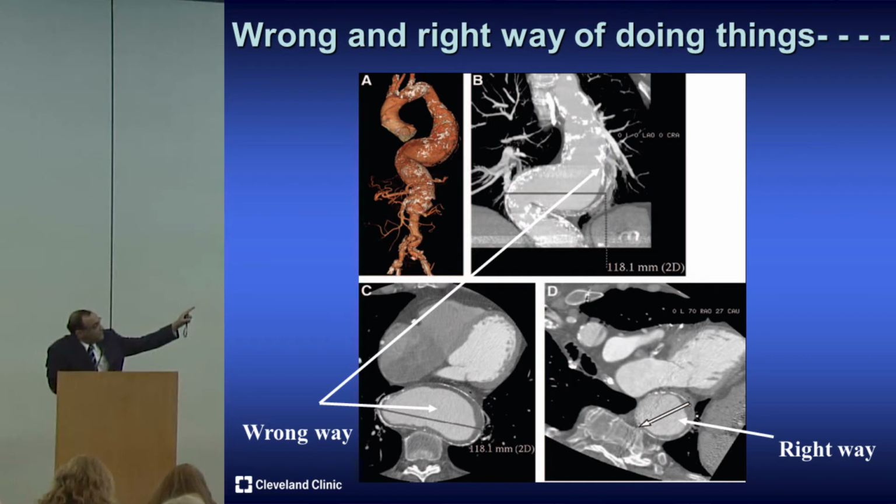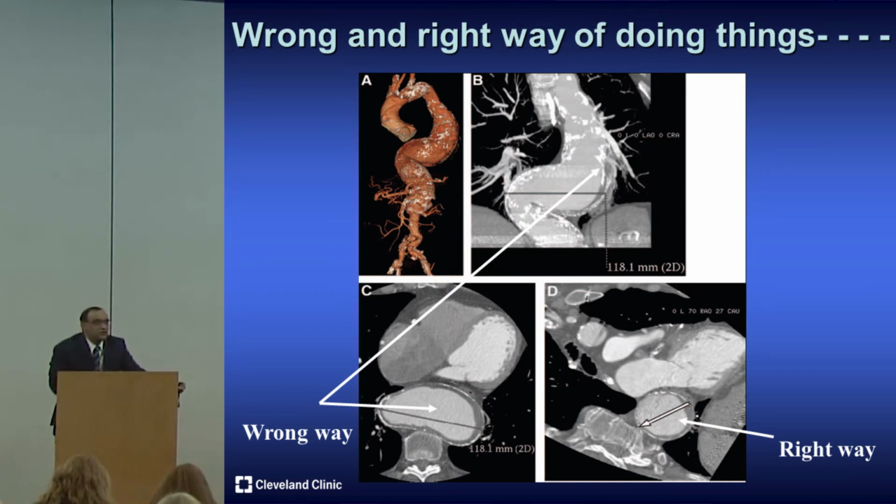The top image, if you draw a line there and do a measurement, that reads as a 12 centimeter aorta. Okay? But if you do the correct reconstruction, it is certainly not a 12 centimeter aorta. It was measured the wrong way.